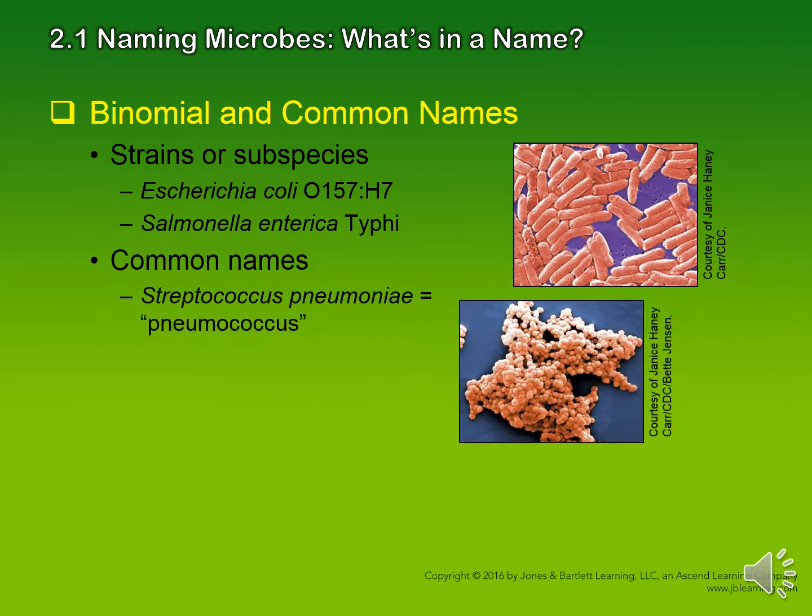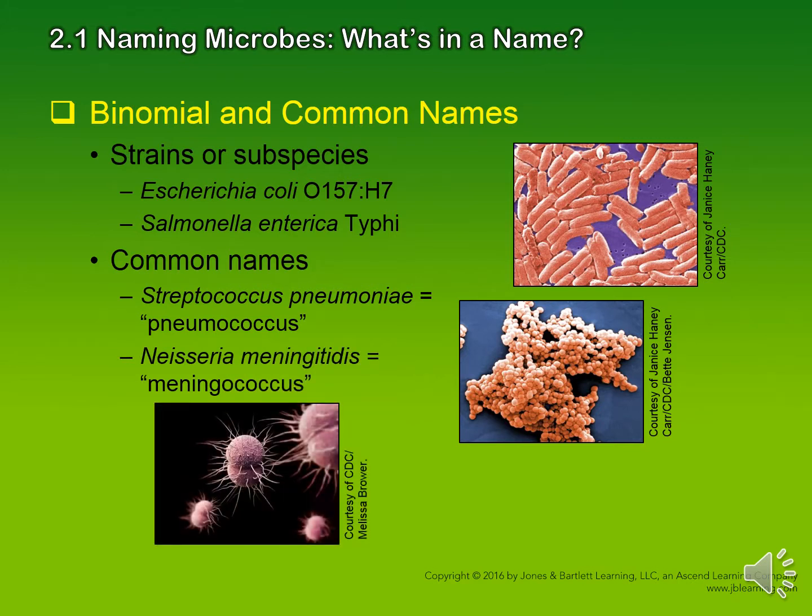Sometimes people are only going to use the common name. So while the official name for this bacteria here is Streptococcus pneumoniae, sometimes this might just be known as pneumococcus.